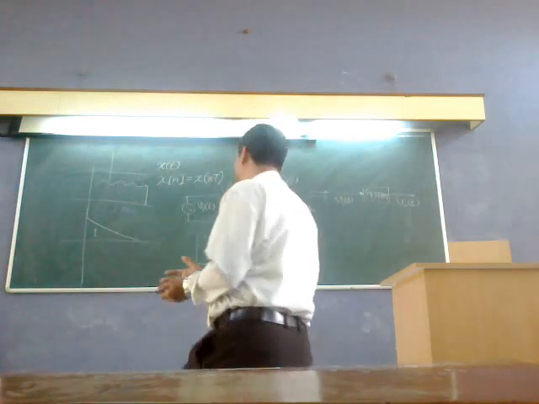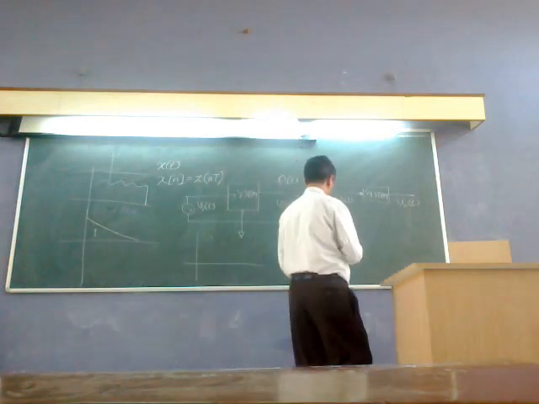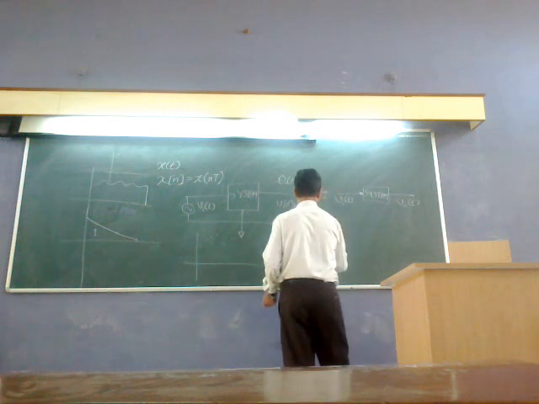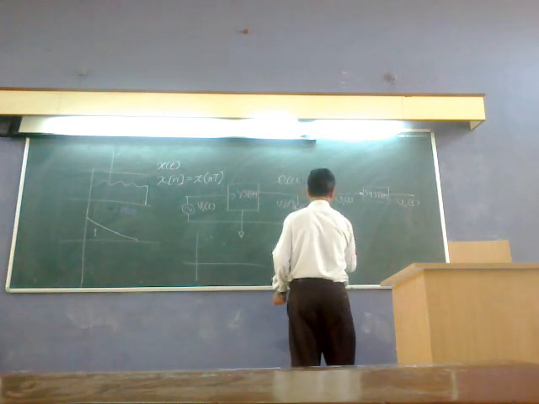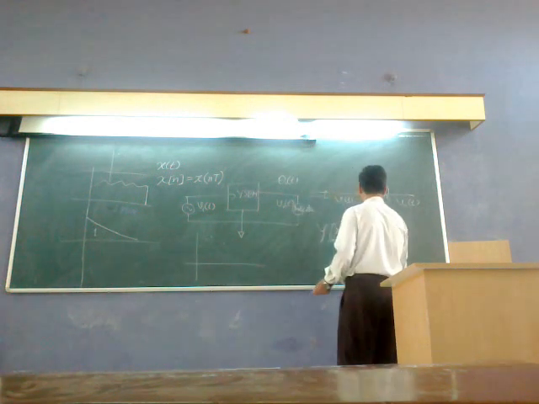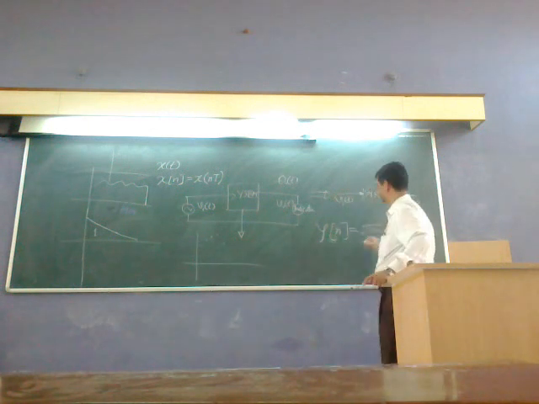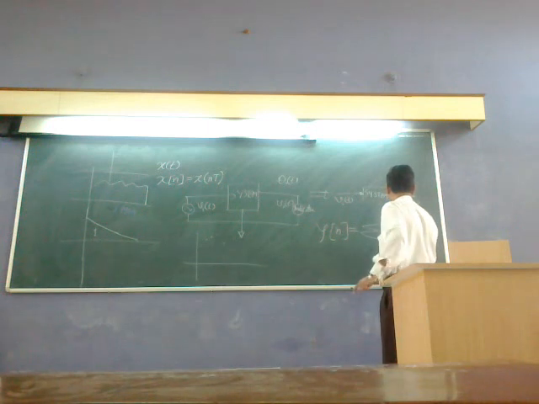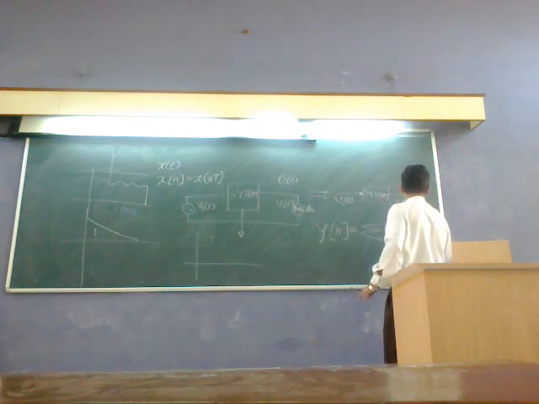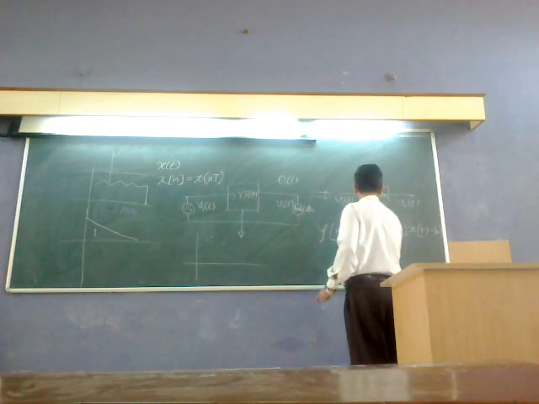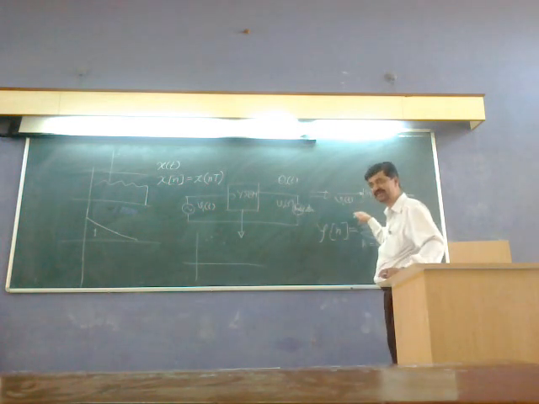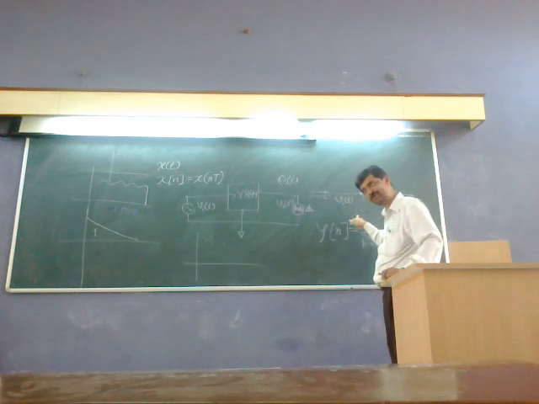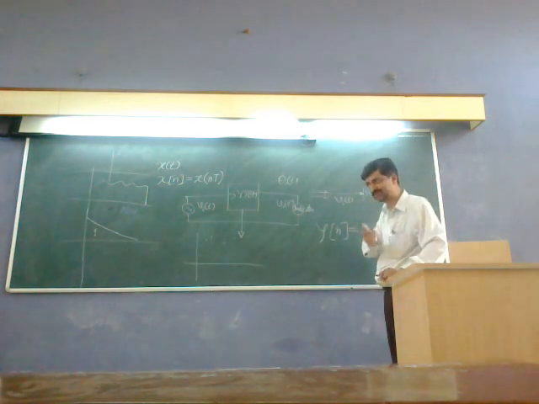So I can write y[n] is equal to summation of h[k] x[n minus k], where k varies from 0, it may go to infinity also, but right now we will not consider that.